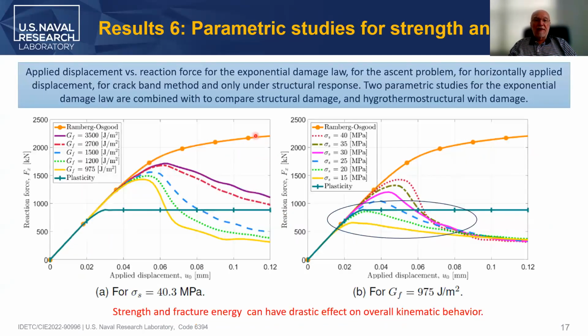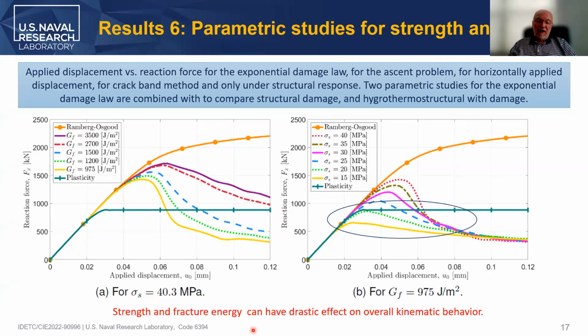Now, I'd like to point out that since the strength and the fracture energy are not really experimentally observed, we decided to do a parametric study, and we kept the strength the same and varied the fracture energy. And you can see the lines here for each one of these cases.